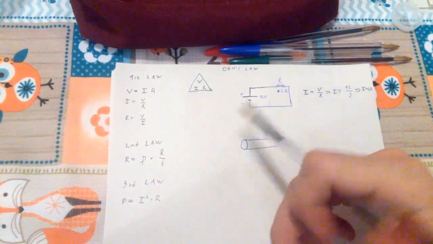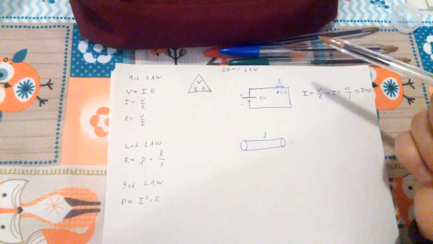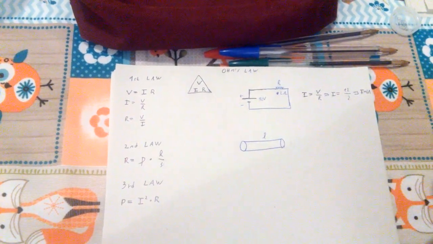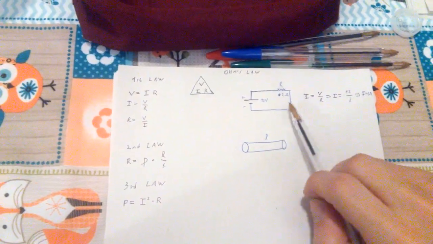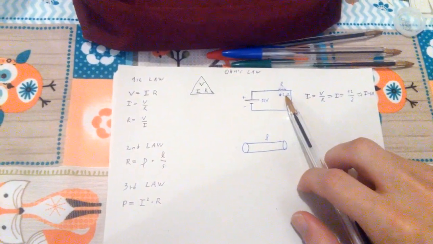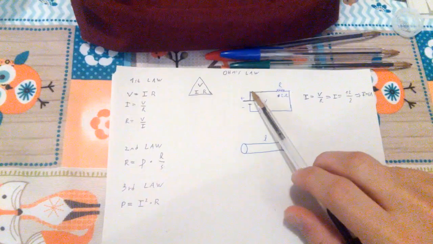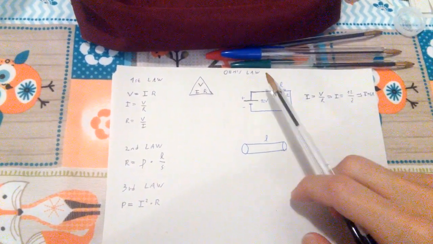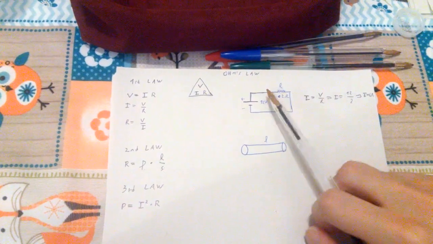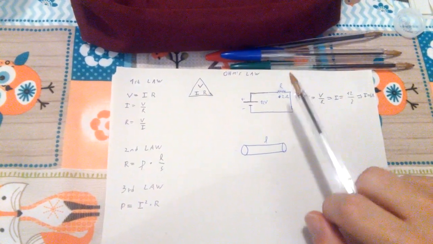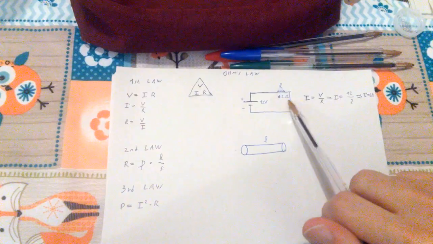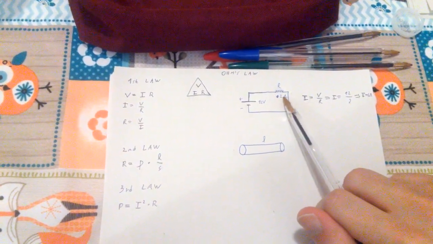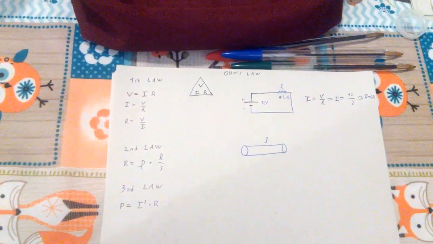So, for instance, if you want to find out the power dissipated by this resistor here, you can basically say, okay, we have found the total I of the circuit, which is 6 amps. You can say, okay, 6 times 6 times the value of this resistance.